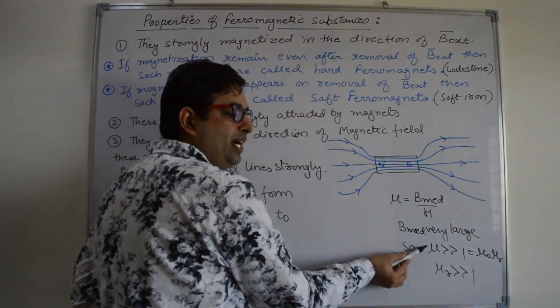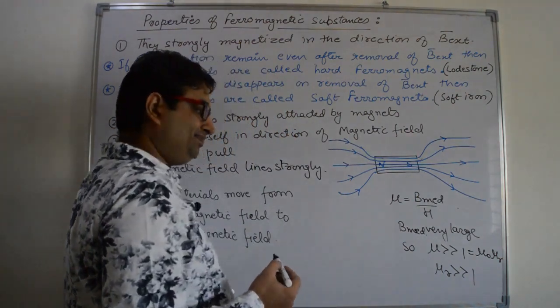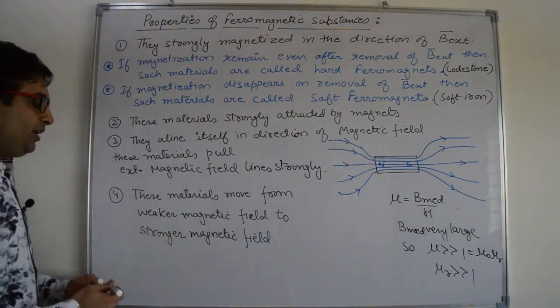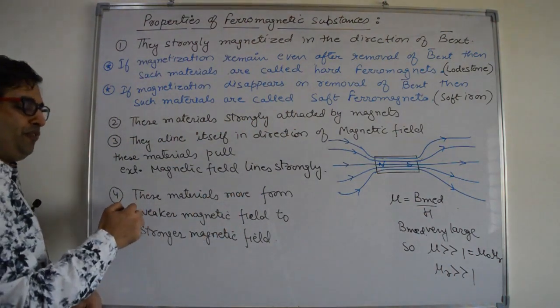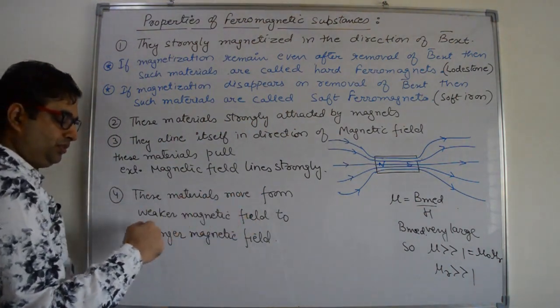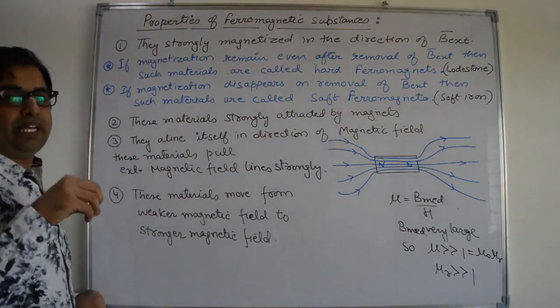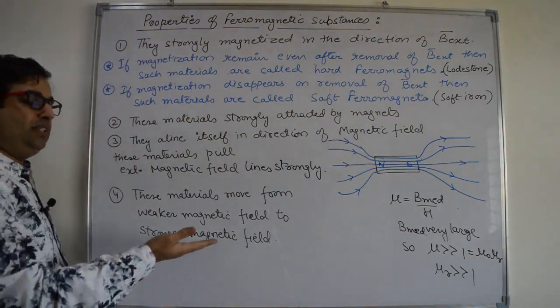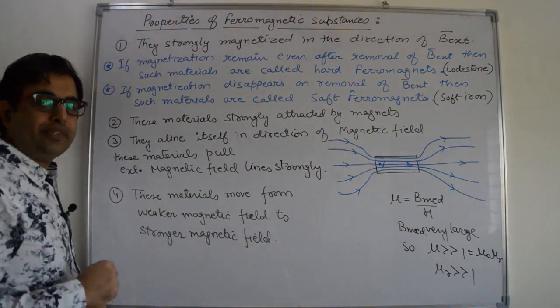So if mu is high, then automatically relative permeability will be high. Fourth point, these materials move from weaker magnetic field to stronger magnetic field. If you release this material in a magnetic field, then they will move from weaker magnetic field to stronger magnetic field, right?